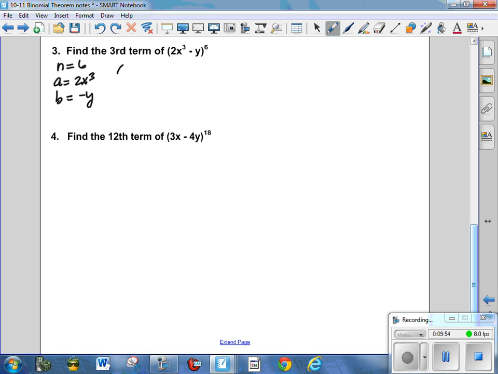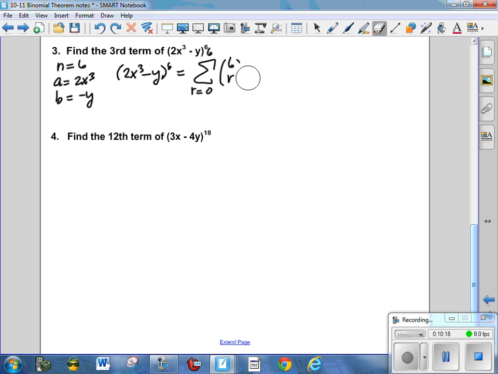I can say 2x cubed minus y to the 6th is equal to the sum of r equals 0 to 6 of 6 select r, a to the, okay, I know what a is, so let me go ahead and put a in.